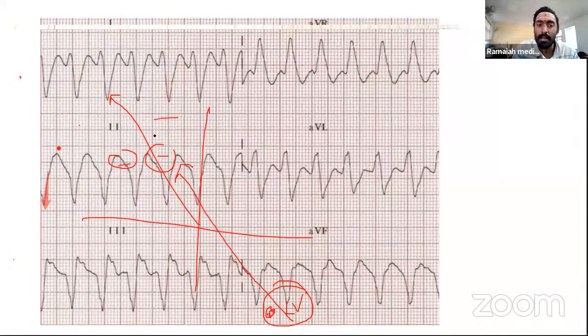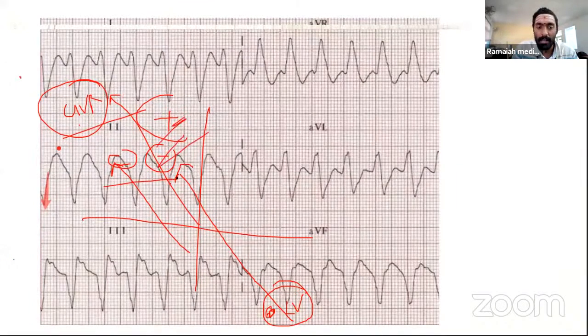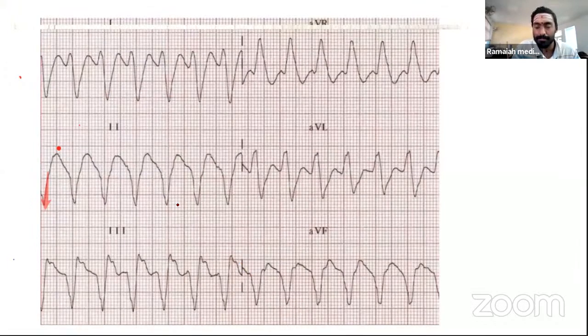Only then you will get AVR positive. So if it is an extreme axis, you will get AVR positivity. You're able to understand this, no? Why will AVR be positive? Because it is going towards here. So if the axis is in here, it's called an extreme axis or no man's land.